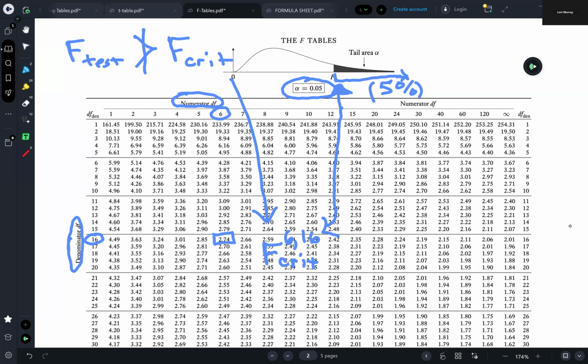It has a p-value greater than 5%. And our decision rule is consistent with that. And so we cannot reject the null hypothesis. And therefore, the test is not statistically significant. And that decision is the same no matter what test you're doing. It's always the same.